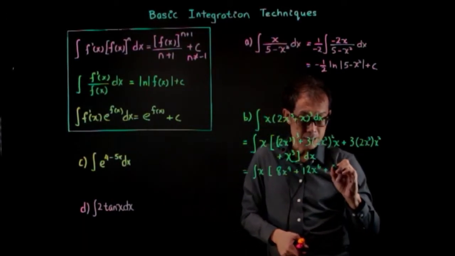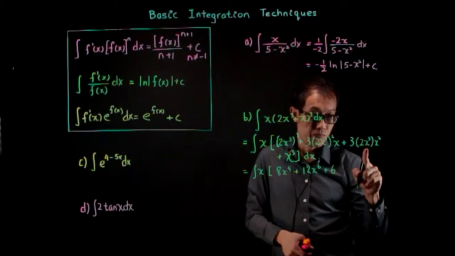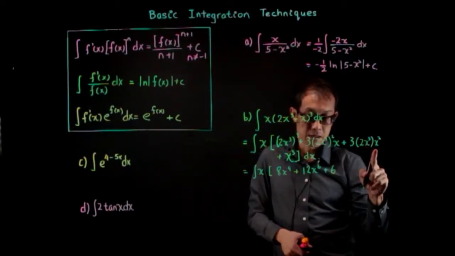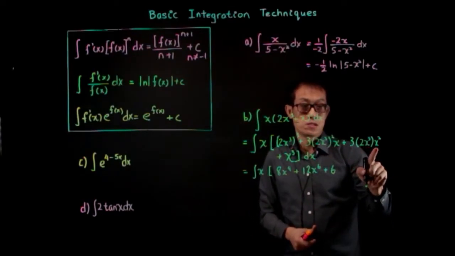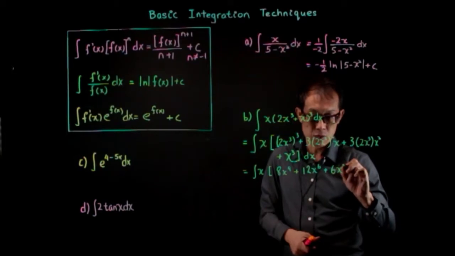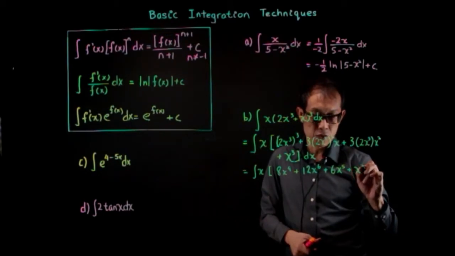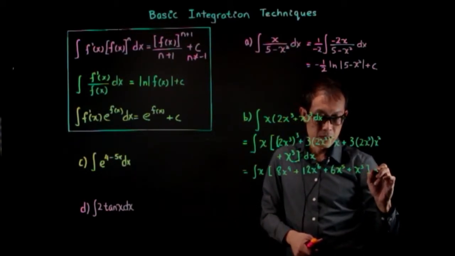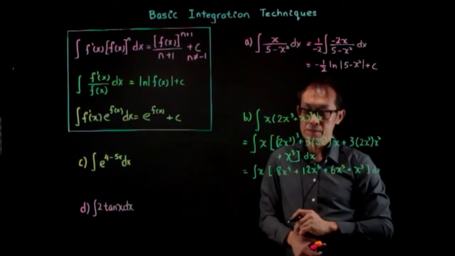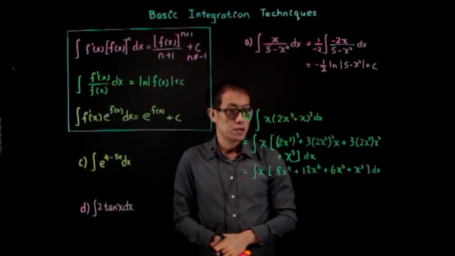This one I will get 6x cubed times x squared, so 6x to the power of 5, plus x cubed, dx.